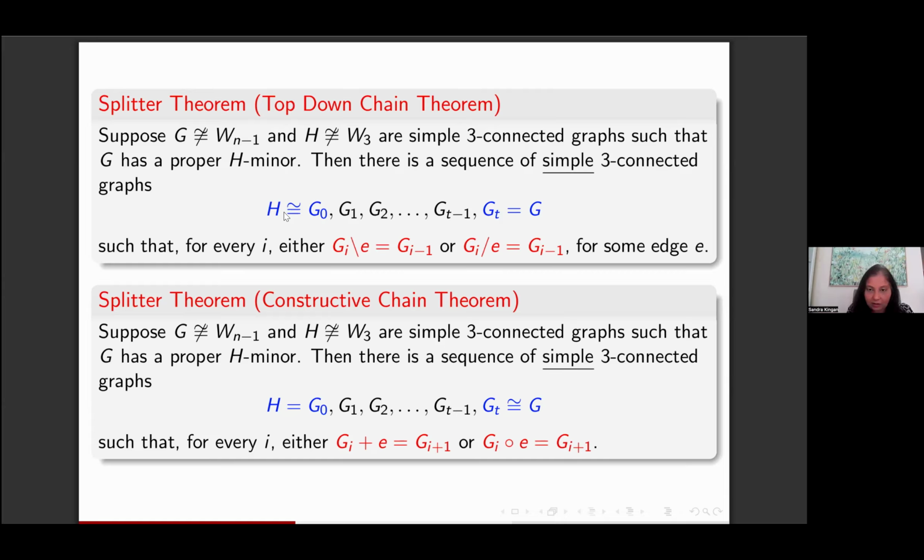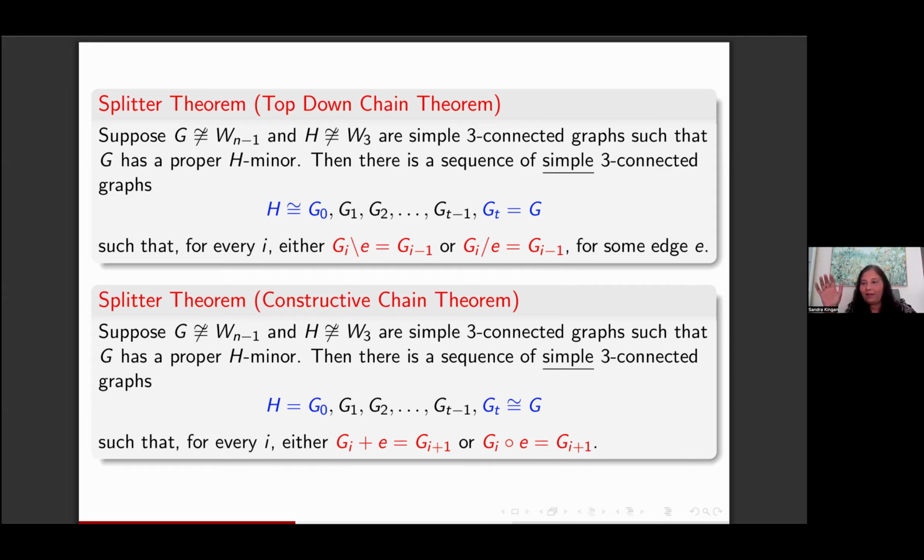And the constructive version: if you know that G has an H minor, you can grow from H to G by adding an edge or splitting a vertex. This notation here is splitting a vertex, even though it is in terms of an edge. So that edge that we added, that's the one that is mentioned here. So I'll say that again.